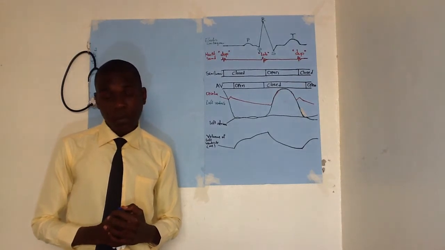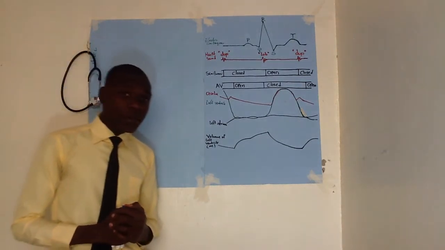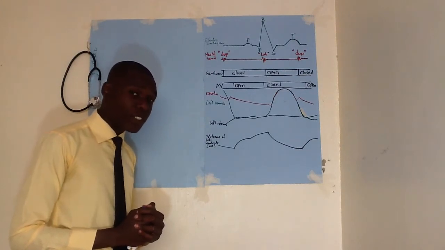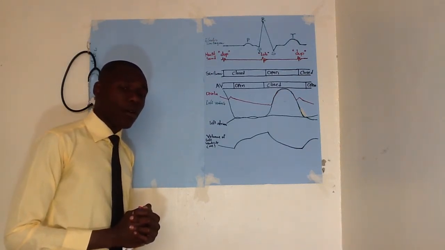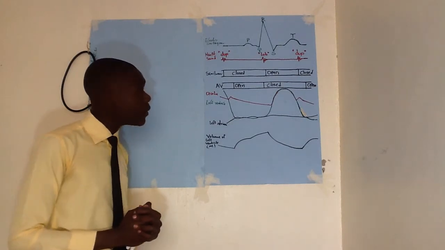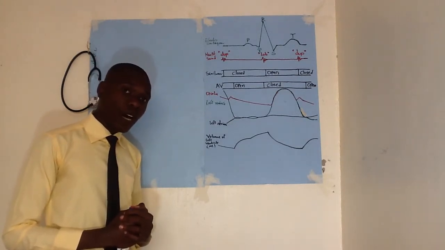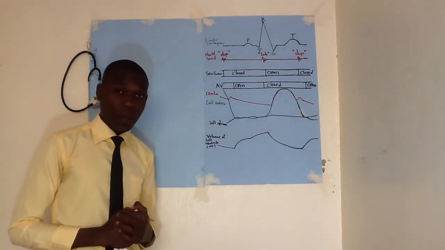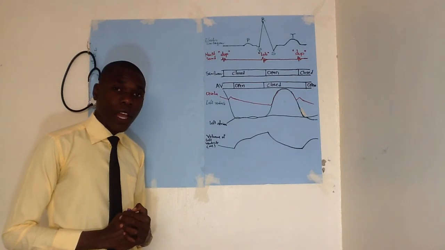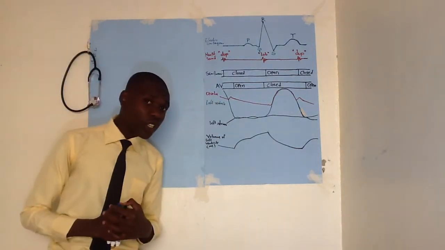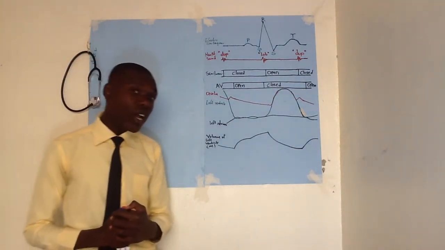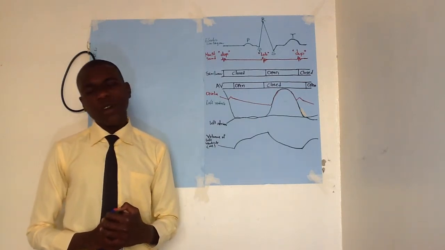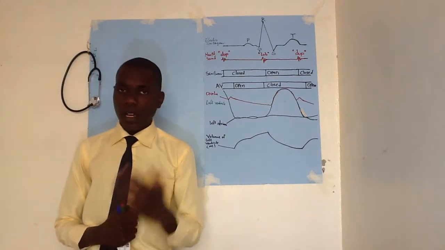In the parasympathetic system, the heart is connected to the nervous system by a nerve called the vagus nerve. The vagus nerve is actually the largest nerve in the body. And this is connected to the sinoatrial node, that is the heart's internal natural pacemaker, and it is also connected to the AV node, the atrioventricular node.